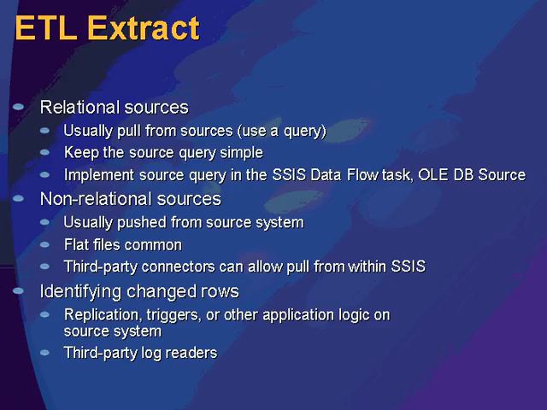If our sources are non-relational, then they're usually, though not always, pushed from the source system. It's common to have some kind of job on the source system that generates flat files and maybe FTPs them or copies them over to the ETL server. Third-party connectors can also pull from non-relational sources from within Integration Services.